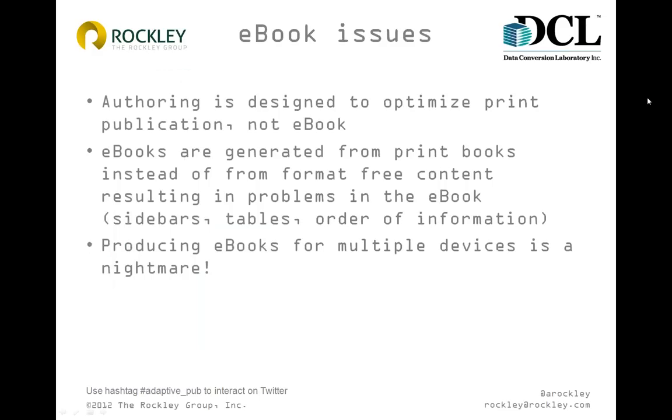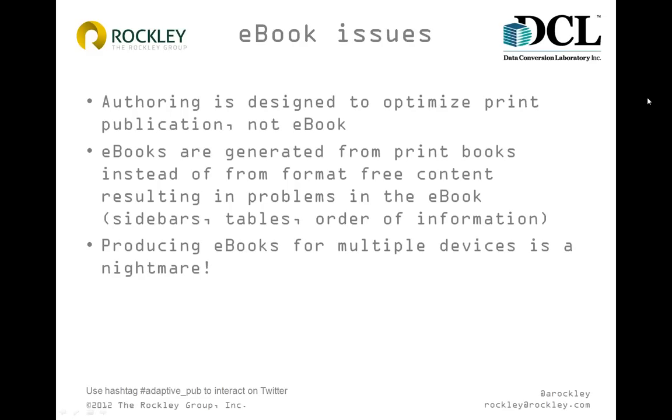So some of the ebook issues that we're seeing, and this we're seeing over and over again, is that when people are creating content, everybody's thinking about print, print, print. It's still very much, let's create the print first, and then let's create the ebook afterwards.